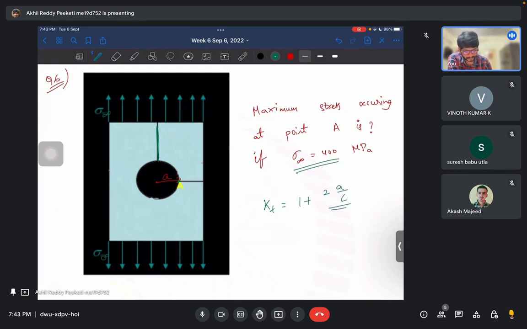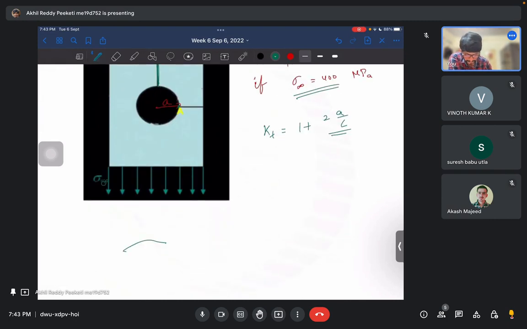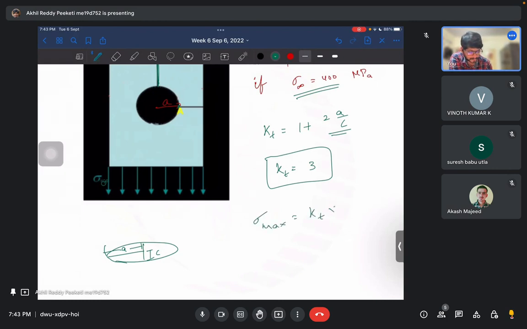This formula is applicable for an elliptical hole, a being this and c being this. Because here a and c are the same, Kt would be 3. Therefore sigma maximum would be just Kt into sigma infinity, so 3 into 400, 1200.